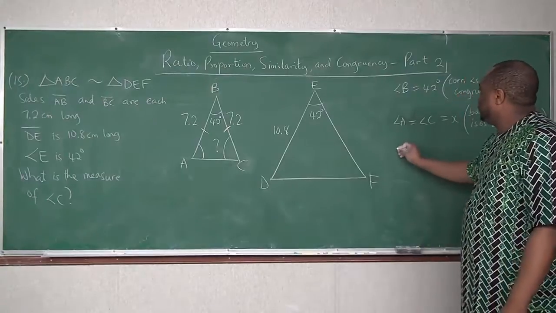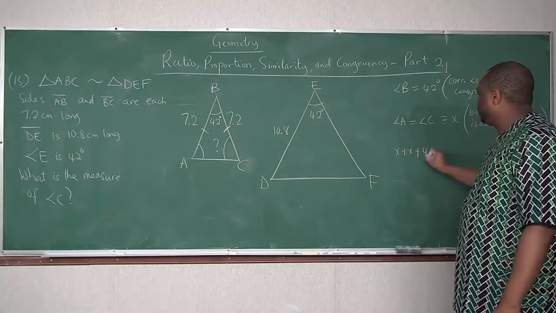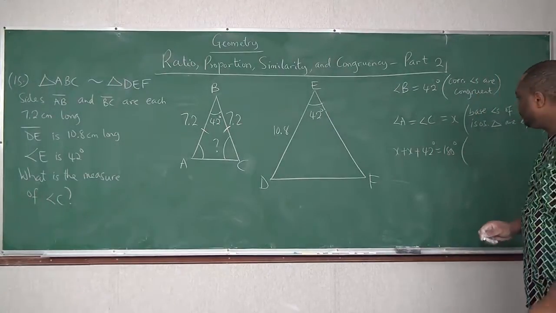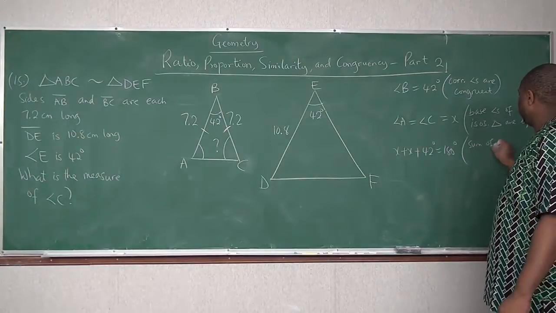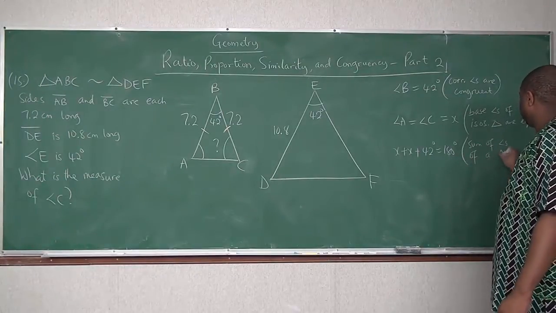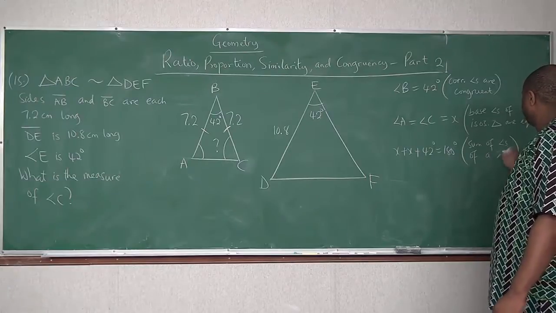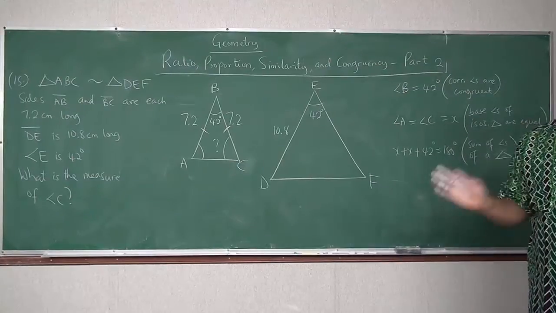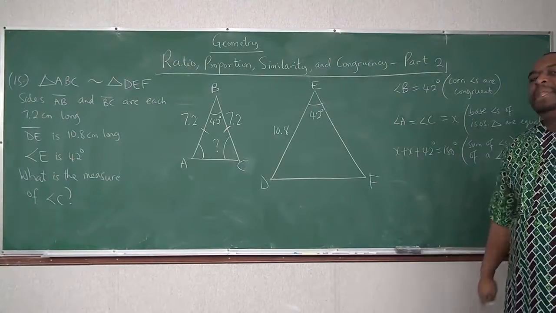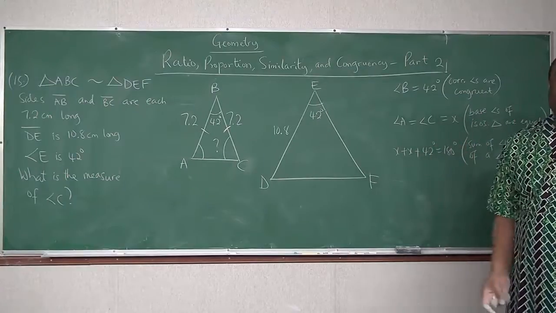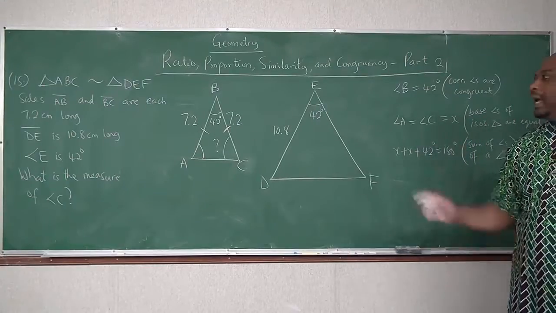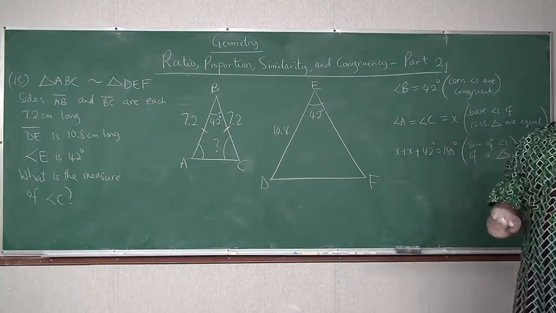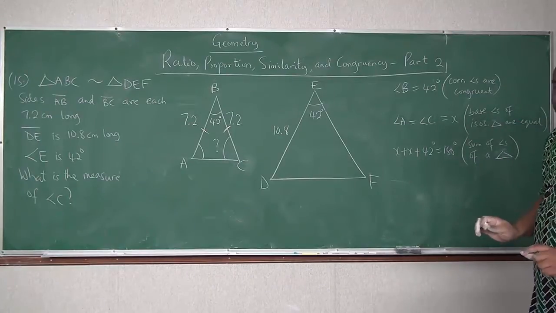So in this case, we now have that 2x plus 42 degrees is 180 degrees. Reason: the sum of angles of a triangle is 180 degrees. If you don't put the reason, I take away points. Anything you do in geometry, you've got to have a reason. In the ACT, no problem, you just solve. But here, you have to give me the reason in the class test.